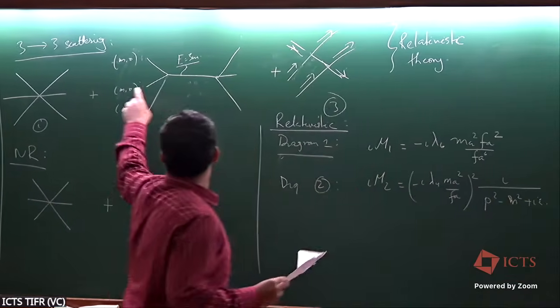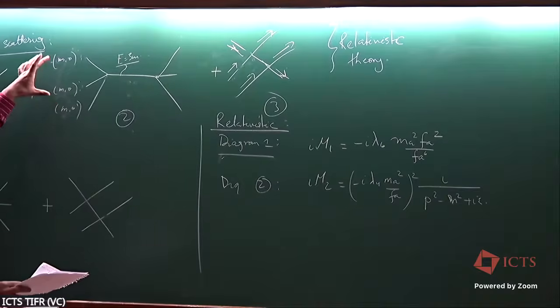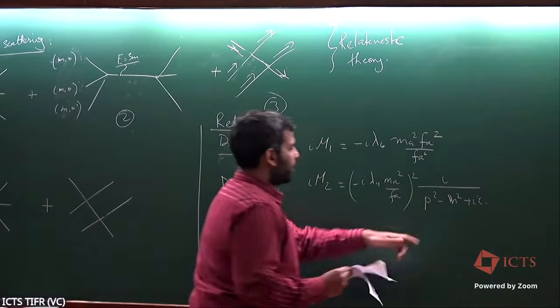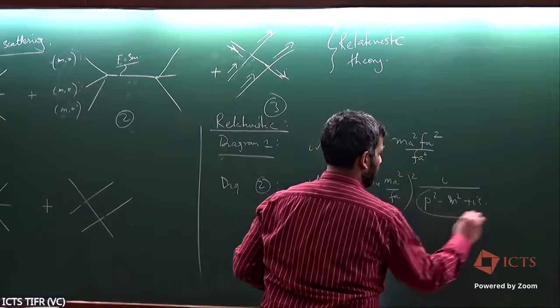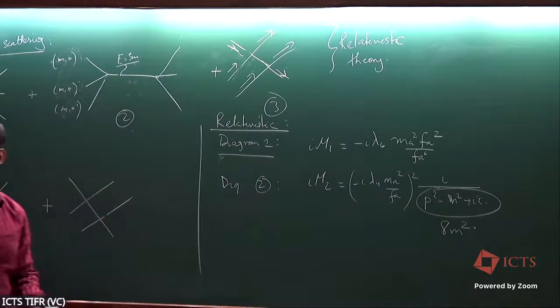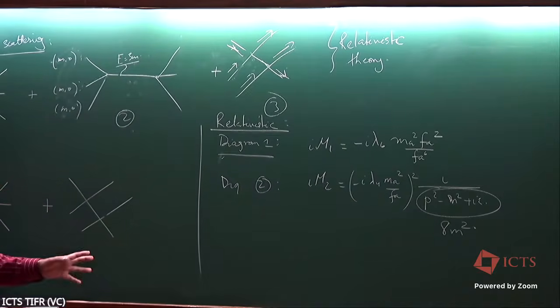But as I told you, if we start with the rest mass here, let's say the momentum is 0, then I have an energy 3m, which will give me a factor here of 8m square. Okay? Everybody clear why I got 8m square?